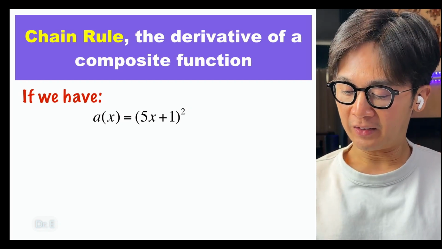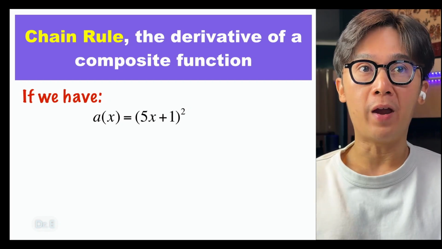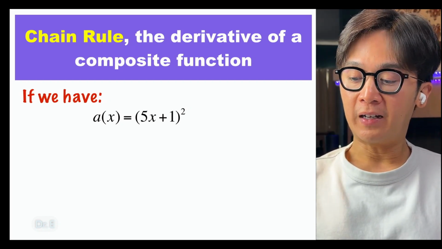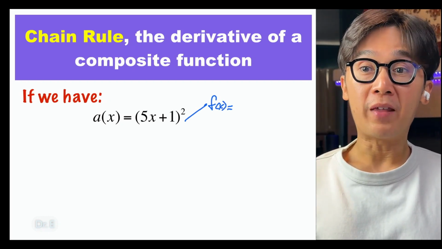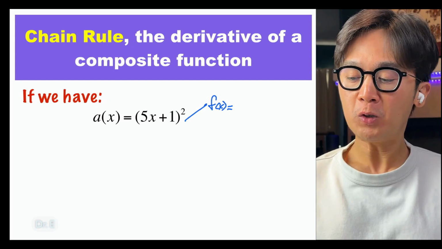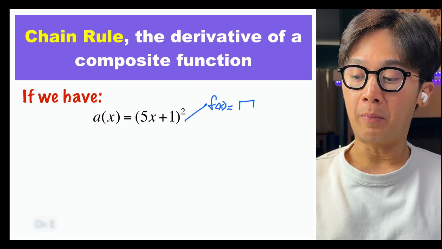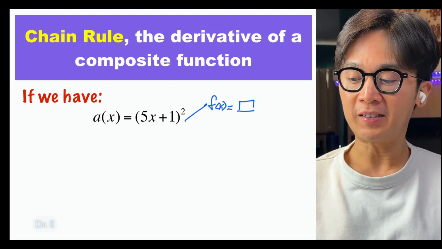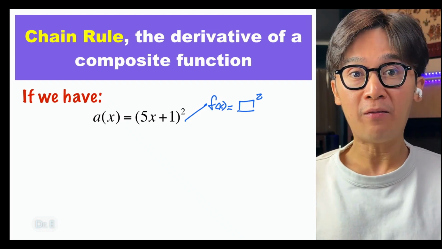If a of x is equal to 5x plus 1 quantity squared, to figure out what your main function, let's say f of x, is, it's basically your parentheses squared. To make it more visual, I usually use a box to replace the function inside the parentheses. So we have box squared. This is our f of x.